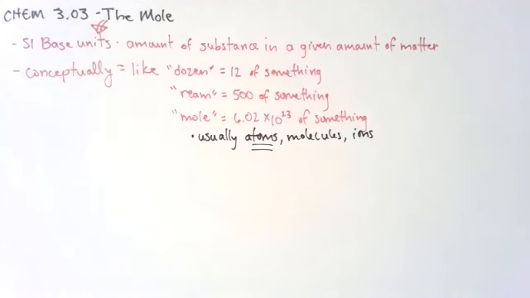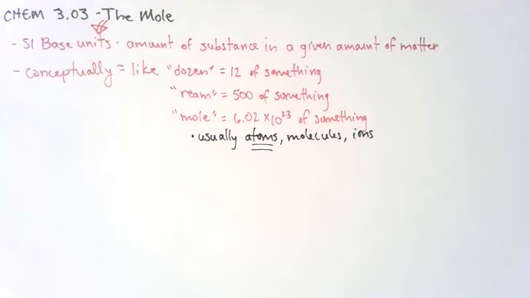Well, 6.02 times 10 to the 23rd is a really big number. In fact, it's so big that it's kind of hard for us to wrap our brains around. If I had 6.02 times 10 to the 23rd grains of rice, I would have more rice than has ever been grown in human history.